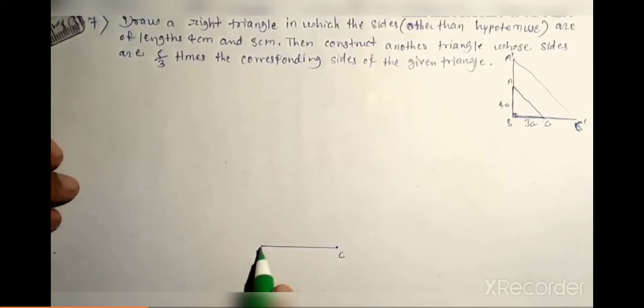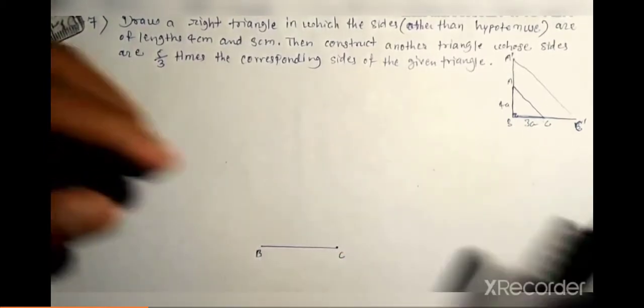You know how to construct a 90 degree angle by using the compass. You should not use the protractor.